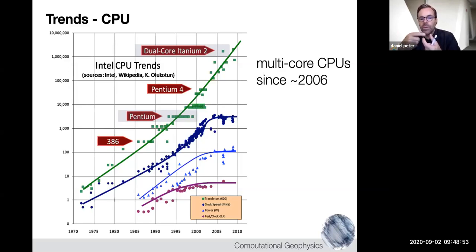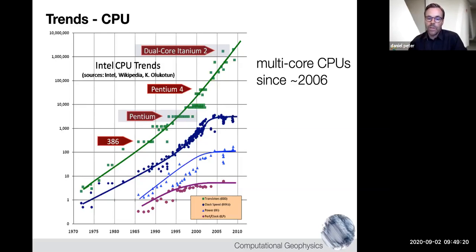The clock speed kind of leveled out, but it was because it now has multiple cores and you could do things in parallel. And this is still the case today: you make an application faster by parallelizing it and running on multiple cores, and not by increasing the clock speed of the chip anymore.